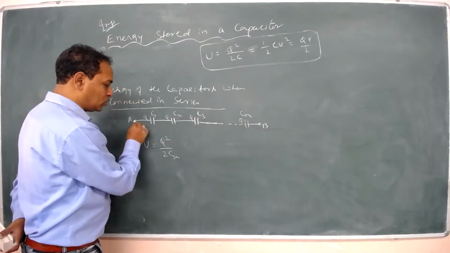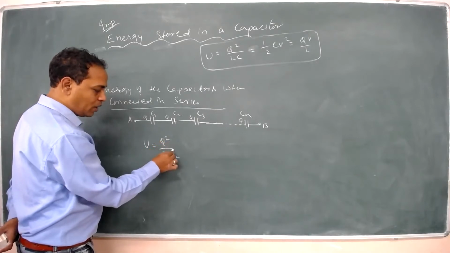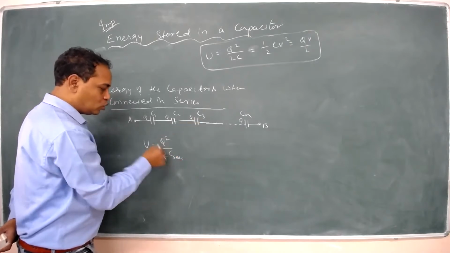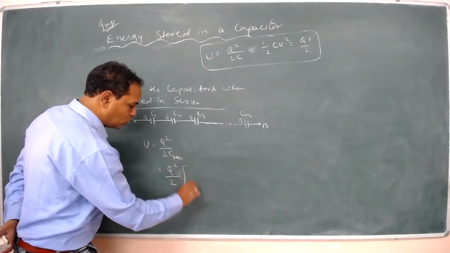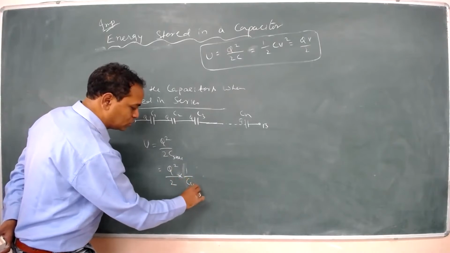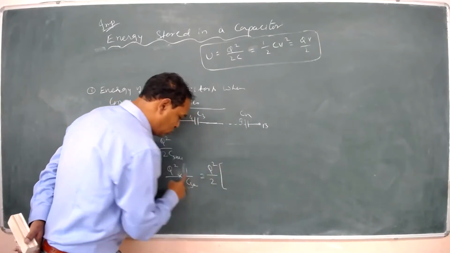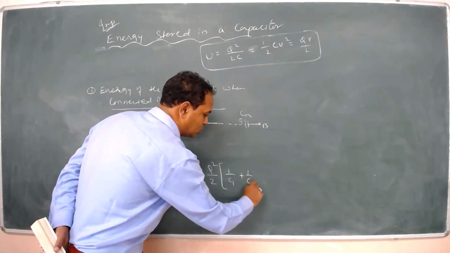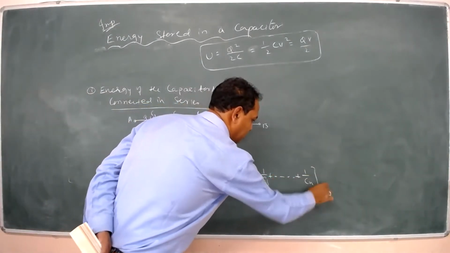So the total energy between A and B is given by Q square by 2 into Cs, where Q is the same charge. This can also be written as Q square by 2 into 1 by Cs, which is equal to Q square by 2 into (1 by C1 plus 1 by C2 plus 1 by C3 and so on plus 1 by Cn).